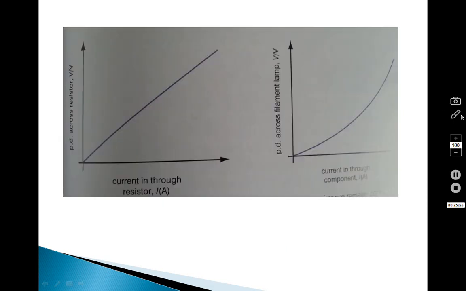It depends on the relation between I and R.